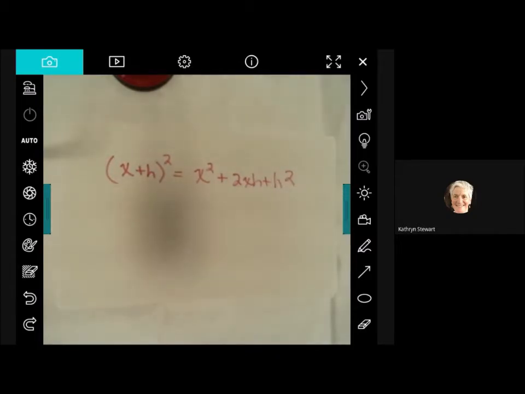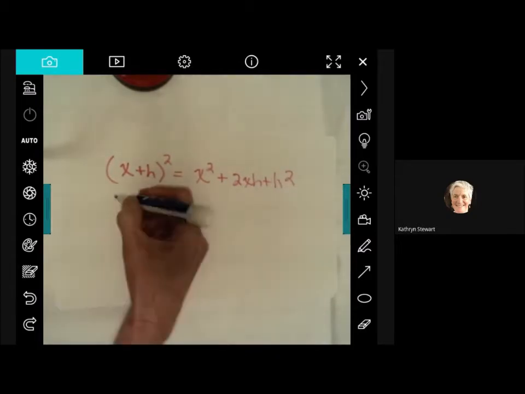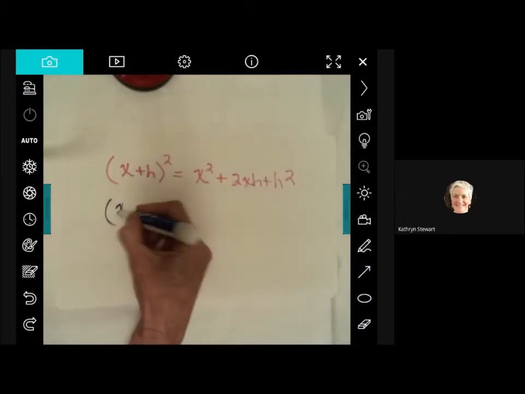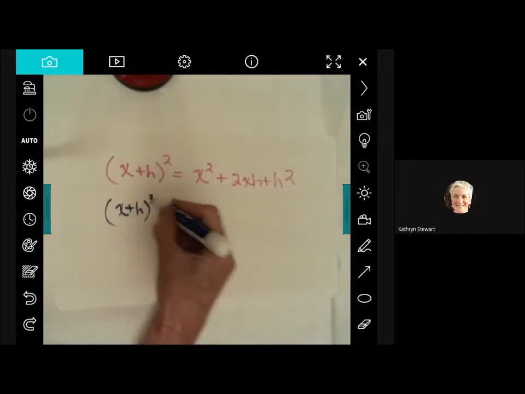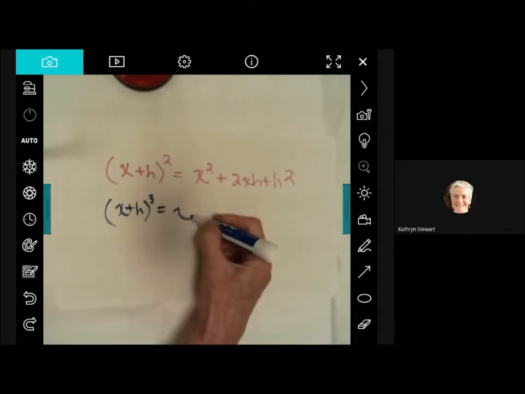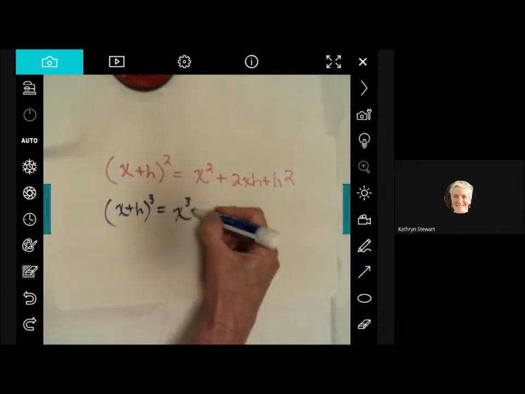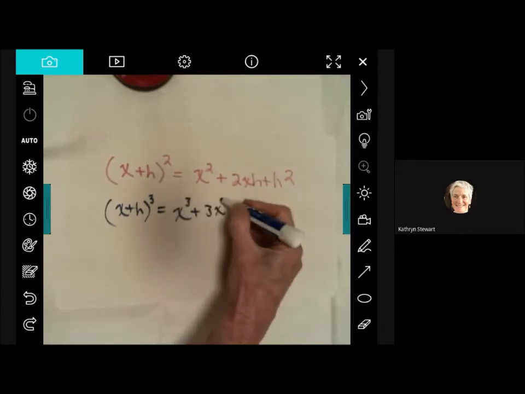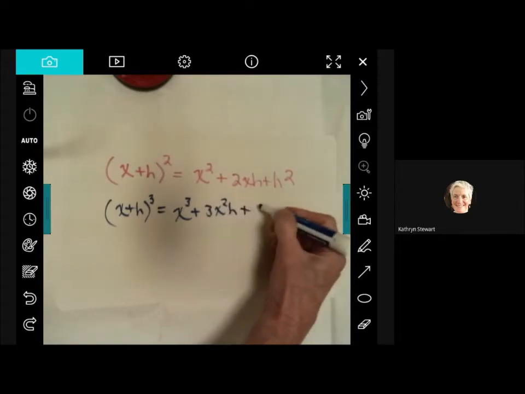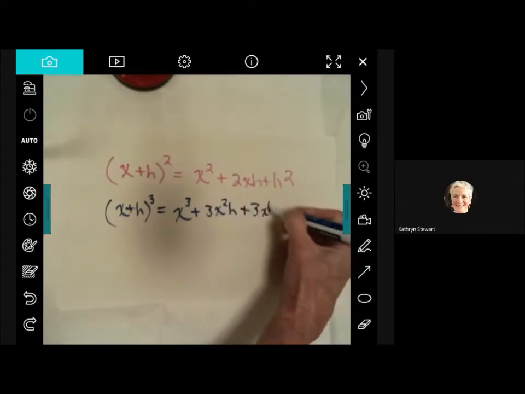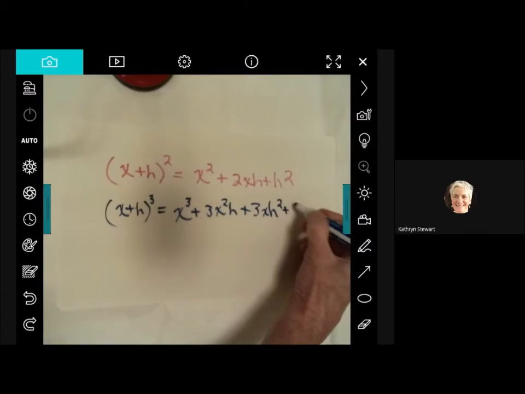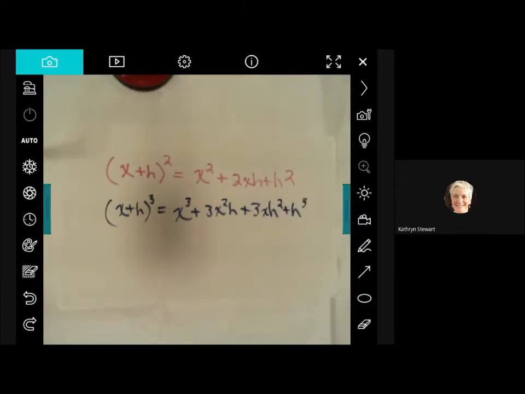If I have (x plus h) cubed, that's going to be x cubed plus 3x squared h plus 3xh squared plus h to the third. You remember this pattern that we discovered?